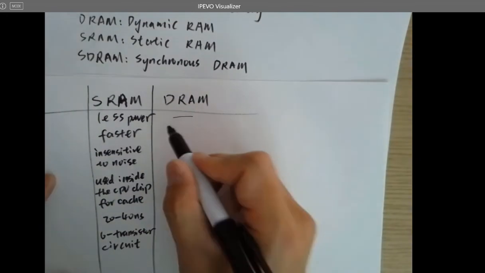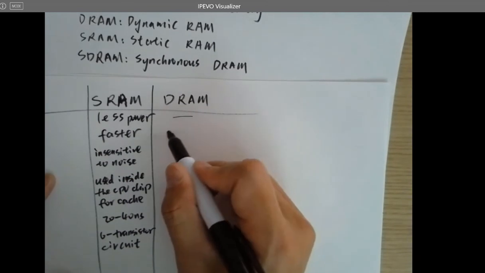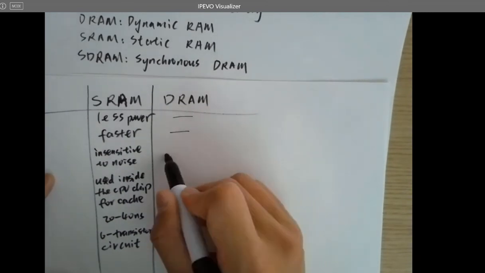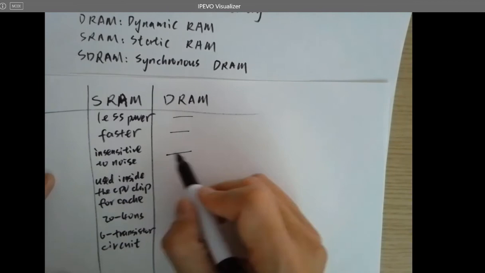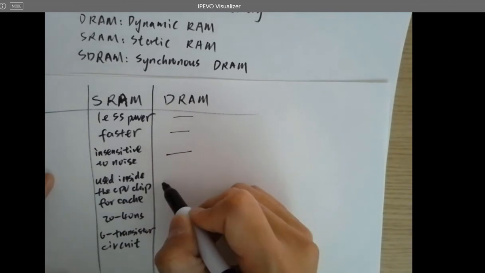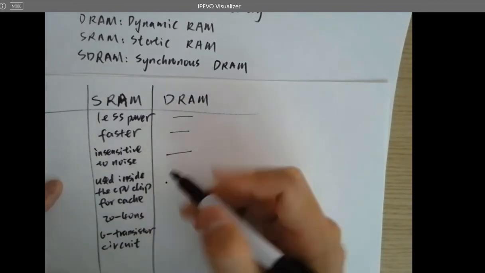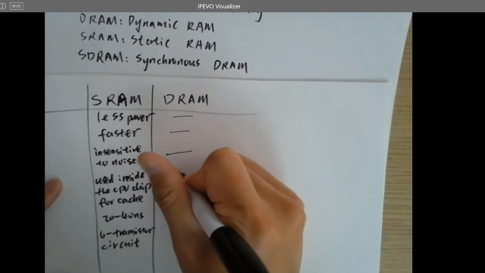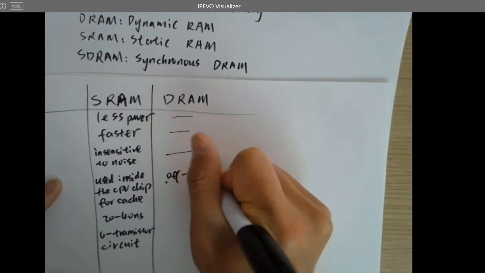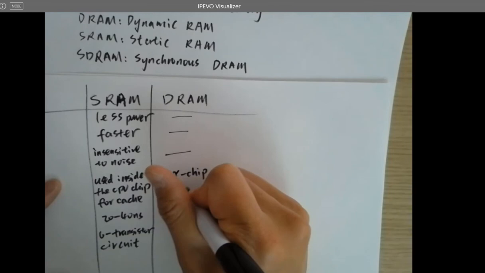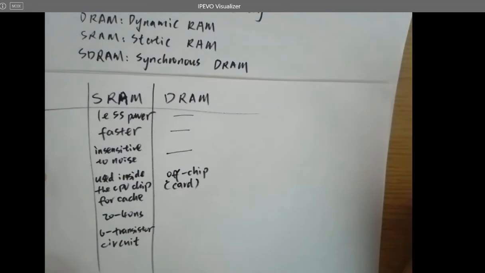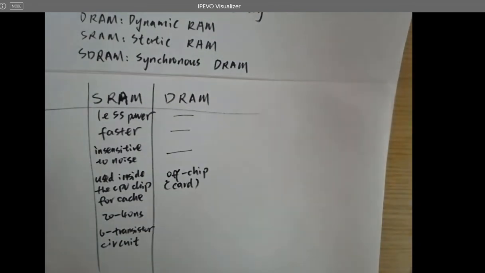Compared to this one, DRAM is definitely more power and slower. It's not instant. It's more sensitive to noise, and it's used off the chip. Normally it's the memory cards you can insert into the motherboard.